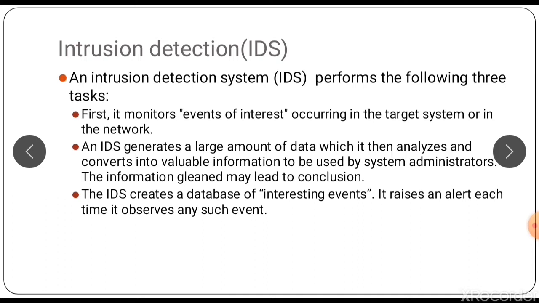So there are a number of key questions related to IDS functionality and deployment. That is, what are the variables that the IDS should monitor? Where should an alert be raised, and when should an alert be sounded, and where should the IDS be placed? So we will see a case study related to this.